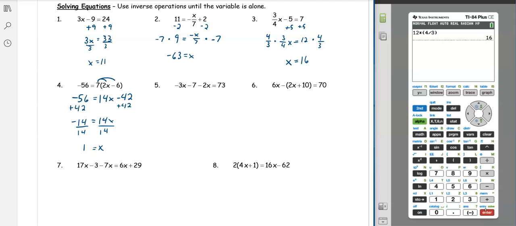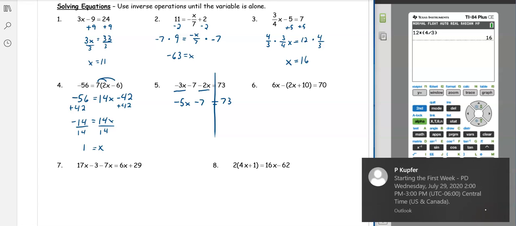In number 5, if we draw a line down our equal sign, we notice that there are two x variables, but they are on the same side of the equation. So when the variables are on the same side of the equation, we keep the signs they have and try to combine them. So we have negative 3x minus 2x. Well, negative 3 minus 2 is negative 5x minus 7 is equal to 73.